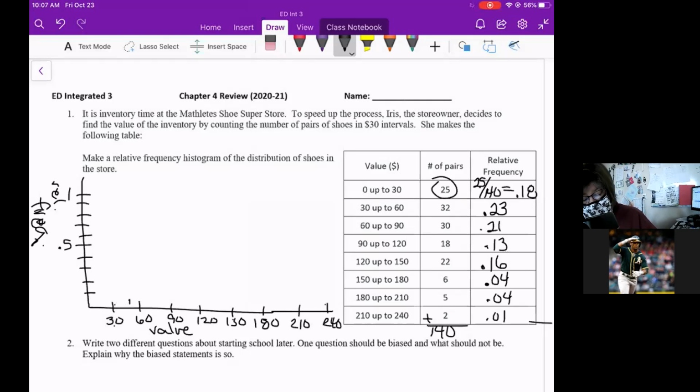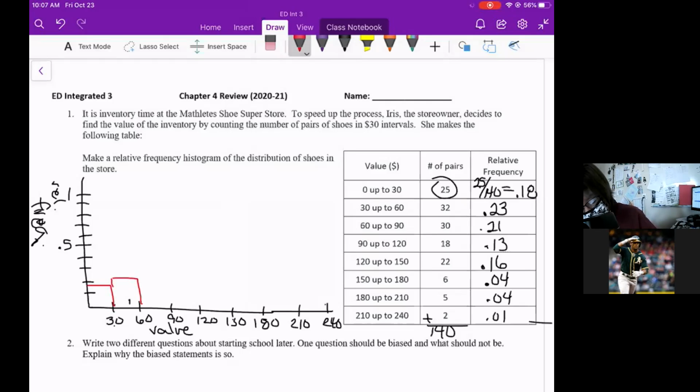All right. So the first bin from 0 to 30 is 18. So that's 0.1, 0.2. So just under 0.2 and over. From 30 to 60 is 0.23, so it's a little bit above that one, and over.